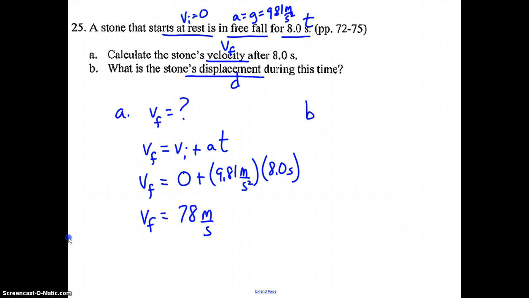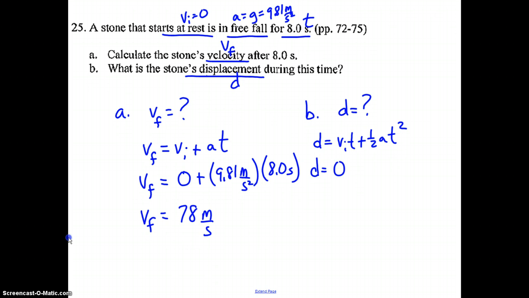For B, you want to know the distance traveled. Once again, going to the reference table, with the given information, it looks like we should select d equals vᵢt plus 1/2 at squared.